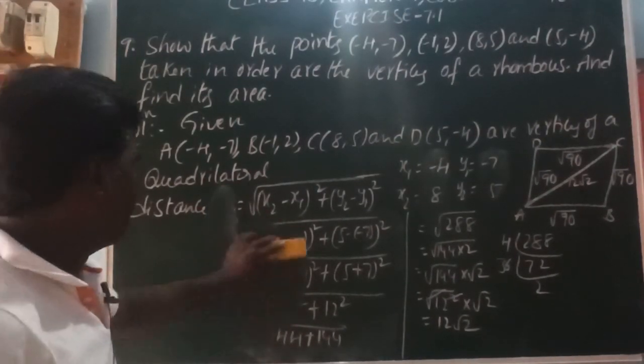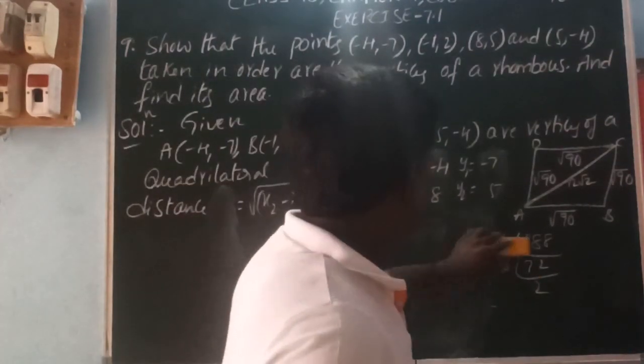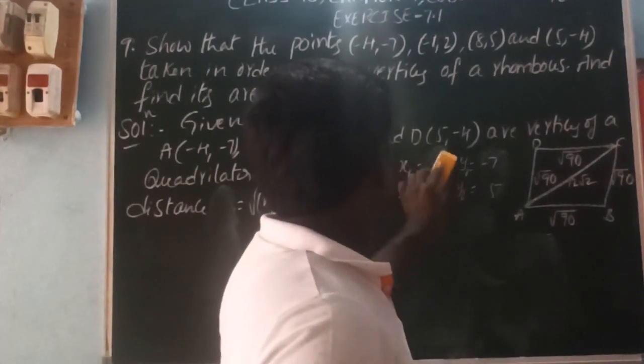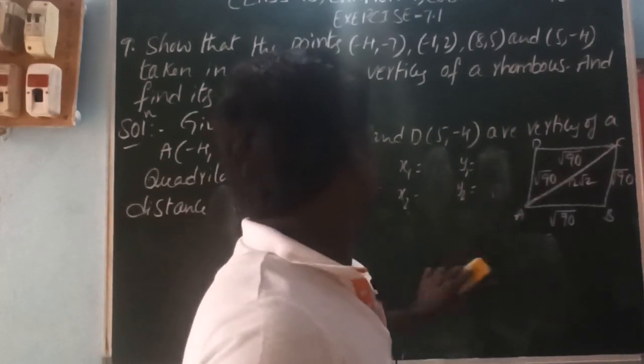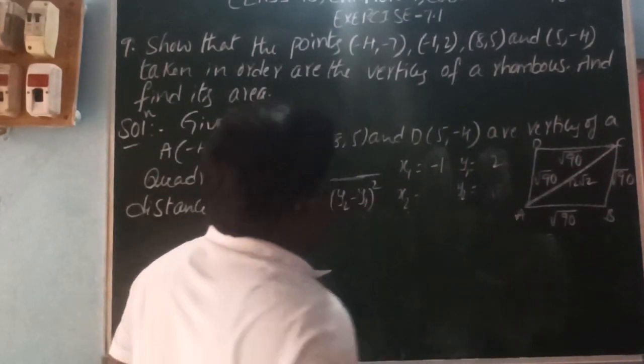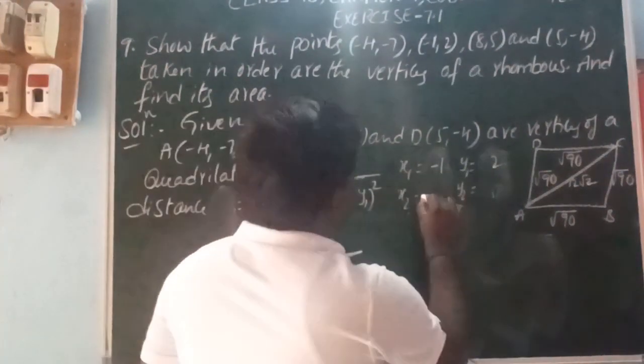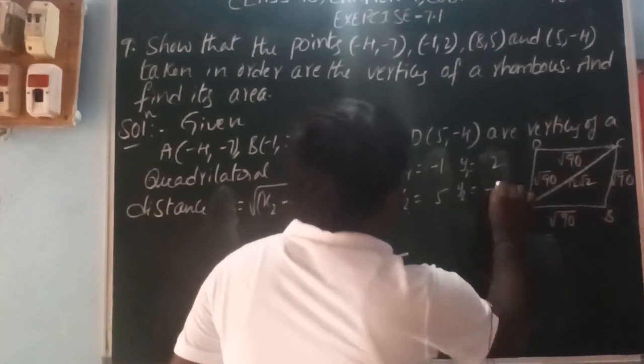The distance of BD. B point is (-1, 2), so x1 is -1, y1 is 2. D point is (5, -4).